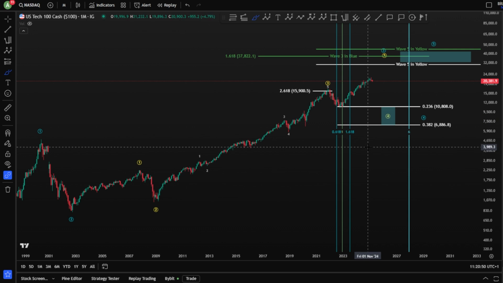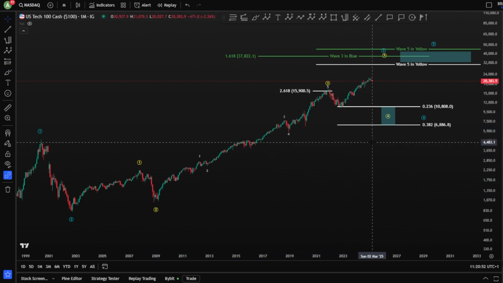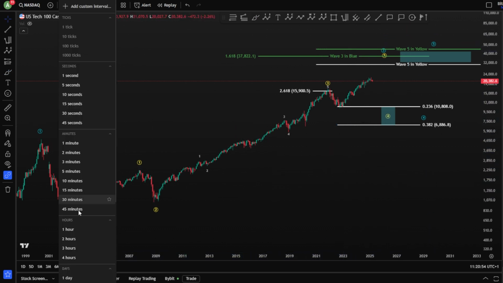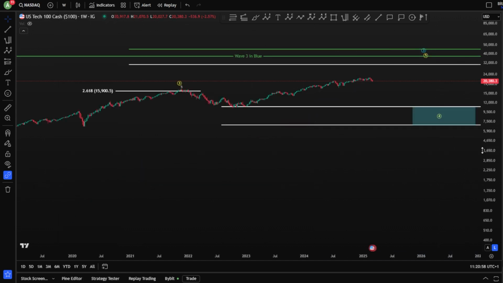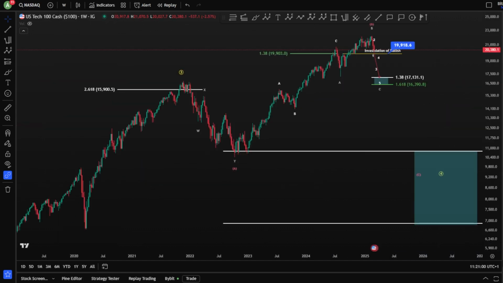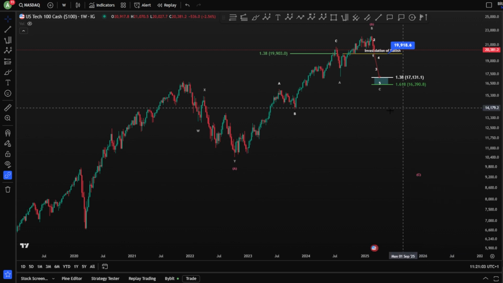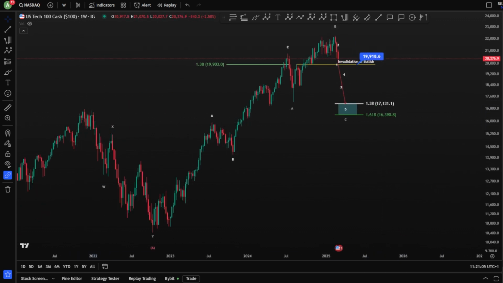Now if we move a little bit more inside the weekly chart here, on the weekly we can see this area that we're looking at after our wave 3, yeah, we're looking at W, X, and a Y toward the downside.